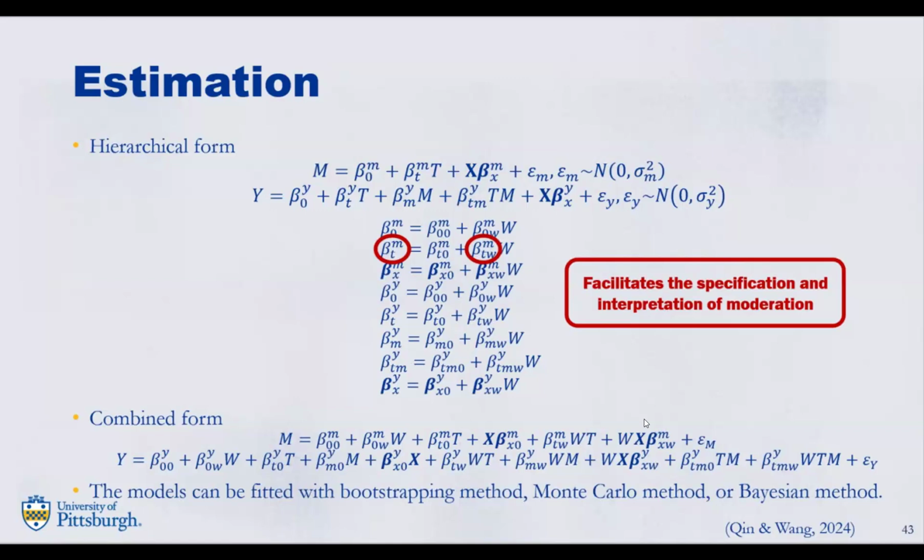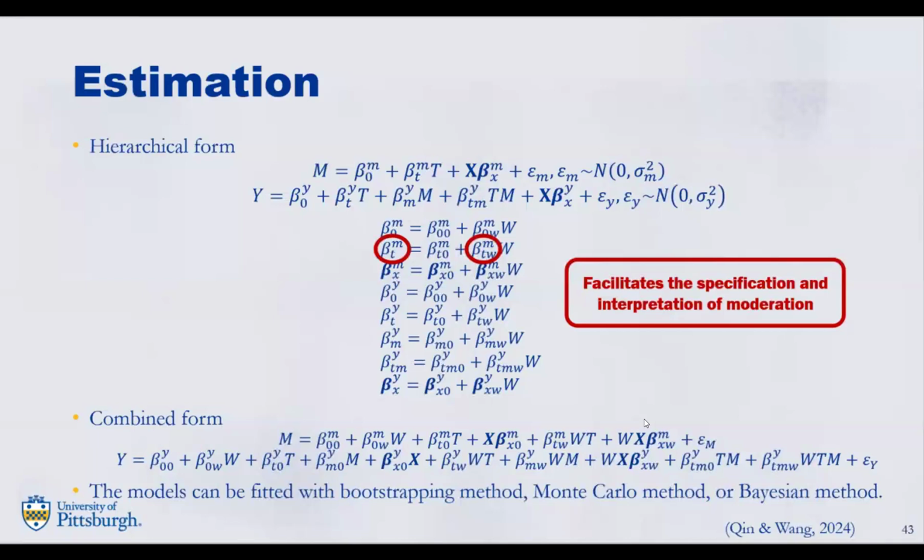So now we've finished the section on causal moderated mediation analysis, which is actually a straightforward extension of the causal mediation analysis section. It again follows the idea of definition, identification, and estimation.